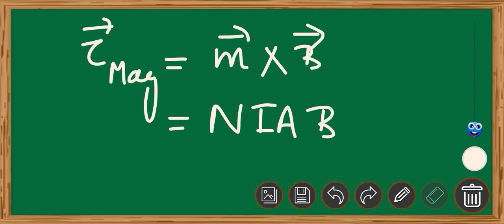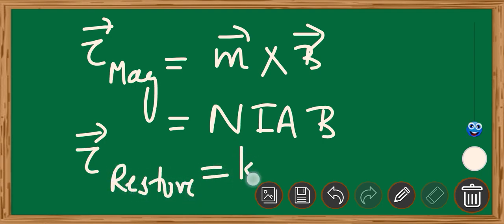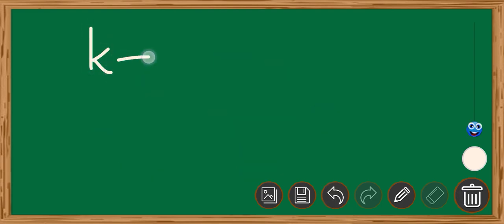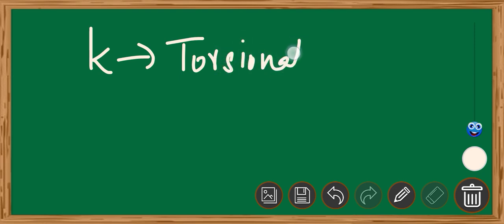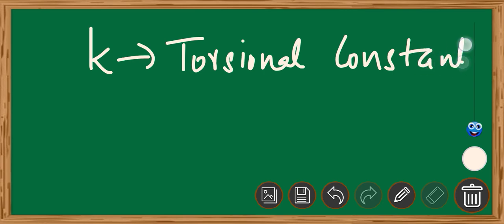So the magnetic torque is n I A B, and this is balanced by the restoring torque. The restoring torque is equal to k phi, where k is the torsional constant, or we call it the torsion per unit twist.